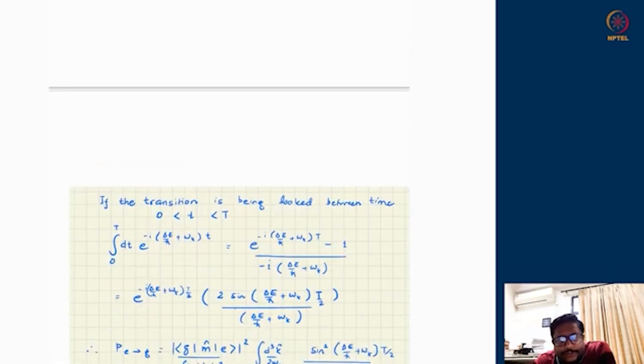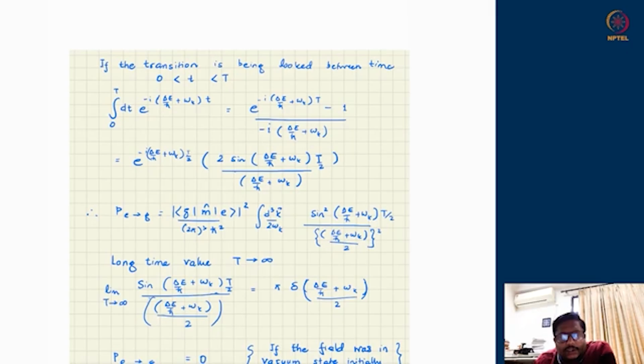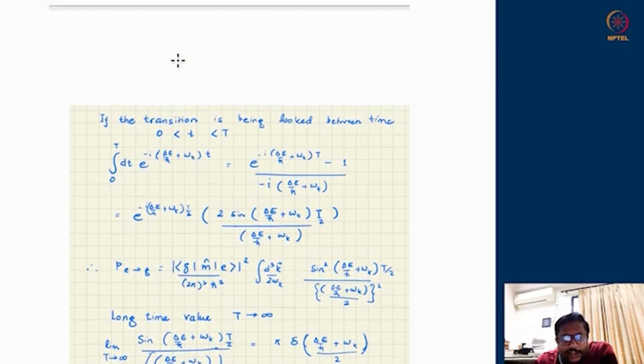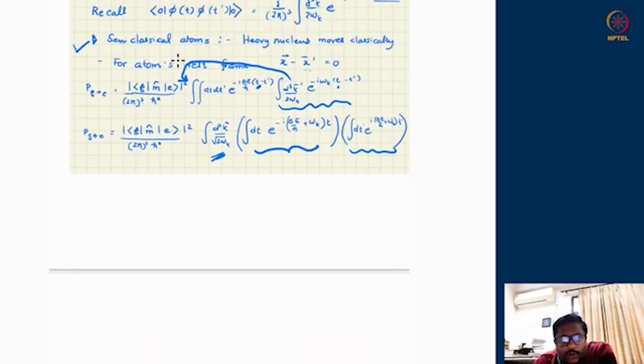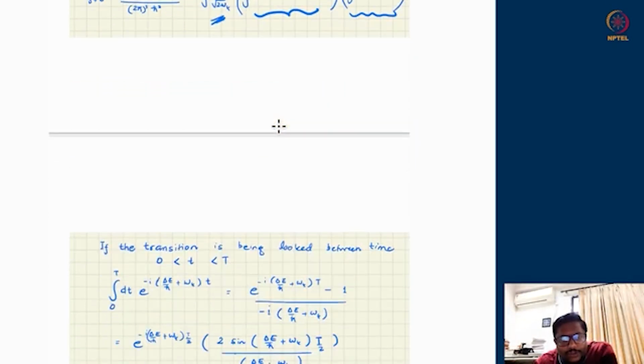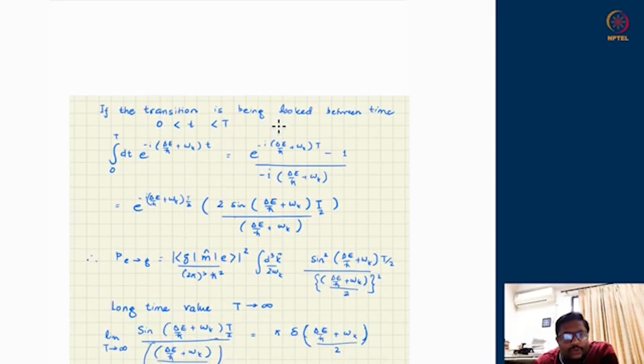For those atoms, we can compute the probability of transitions if the interaction is happening for a time duration up to capital T. So let us look at the transition probability for small t varying from 0 to capital T. That means the two integrals appearing over here both run from time 0 to capital T. So let's go ahead and perform these integrals and see what results we get.